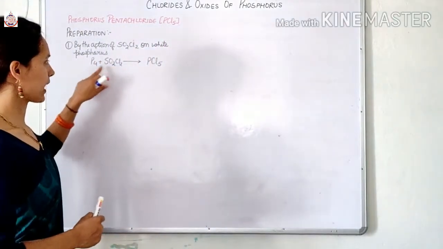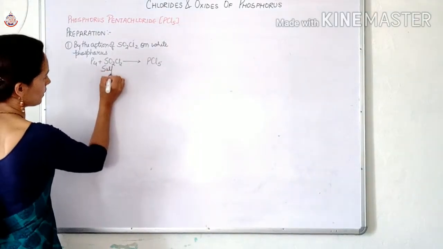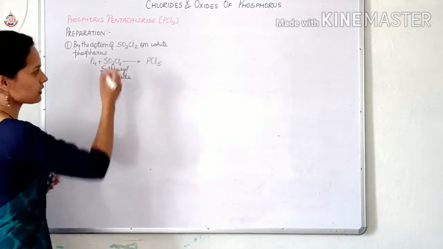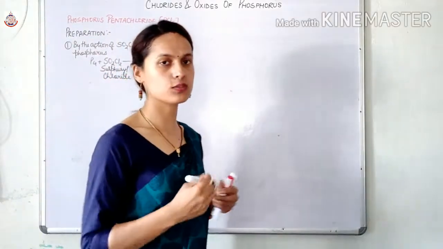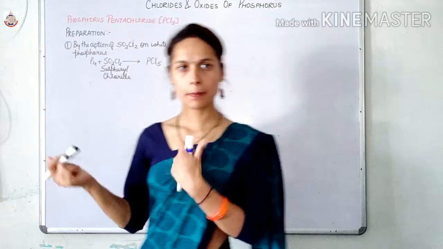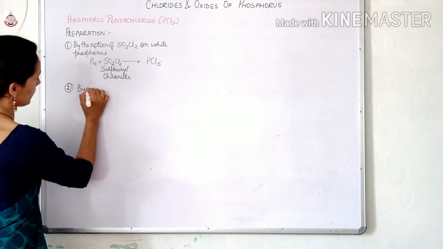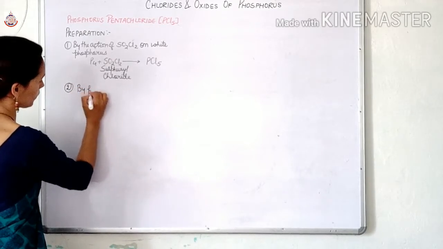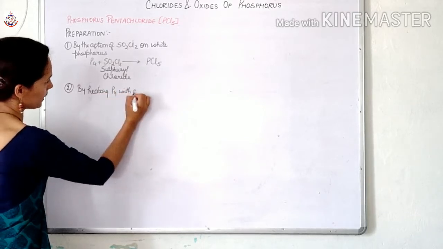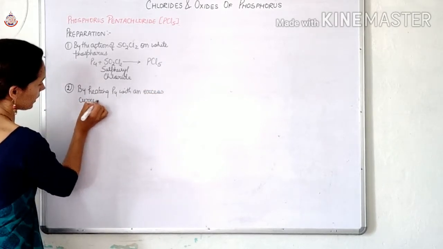So when white phosphorus reacts with sulfuryl chloride, then it gives PCl5, and when white phosphorus reacts with sulfonyl chloride, it forms PCl3. And the next method is by heating white phosphorus with an excess current of dry chlorine.